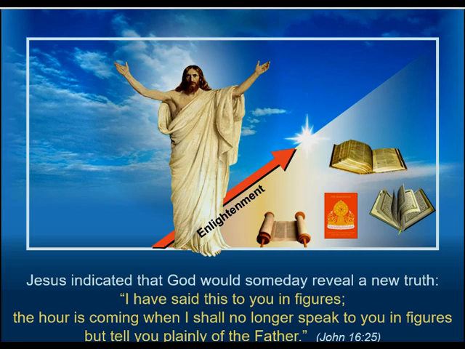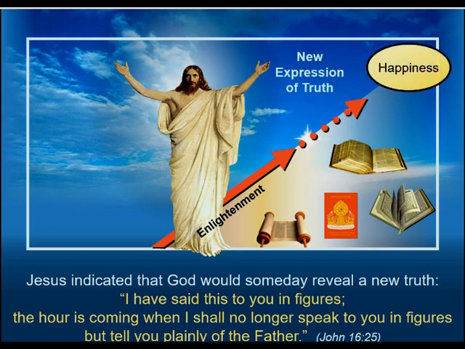"I have said this to you in figures. The hour is coming when I shall no longer speak to you in figures, but tell you plainly of the Father." John chapter 16, verse 25. So we can see that Jesus also mentions this new truth, a new expression of truth, that has this potential to reconcile religion and science.